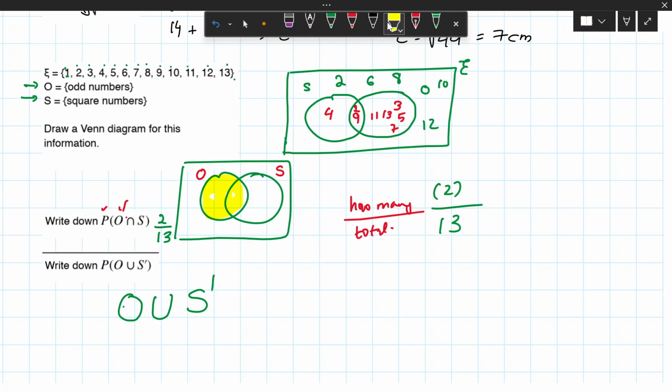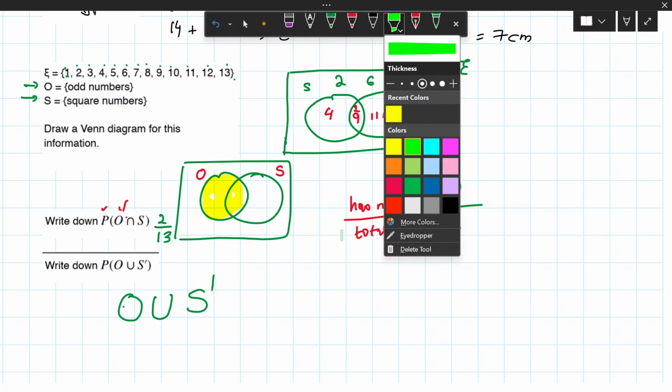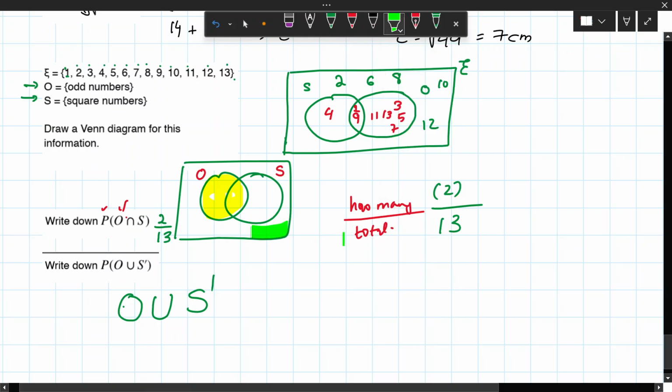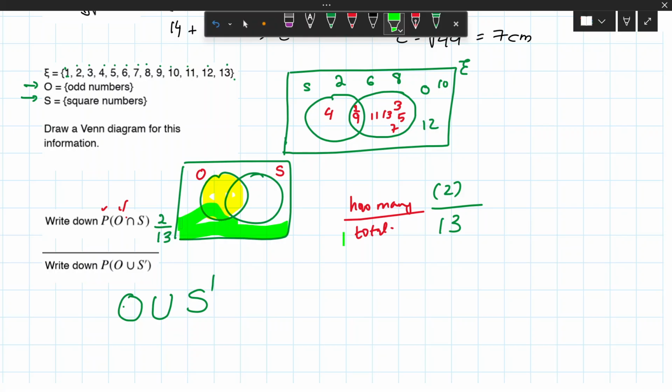If I do outside of S with a different color, this is outside of S. This is also outside of S, outside of S, outside of S, outside of S. Now, the most common mistake, or something that people tend to misunderstand, is, oh, it has to be outside of S, so should I include this yellow here?